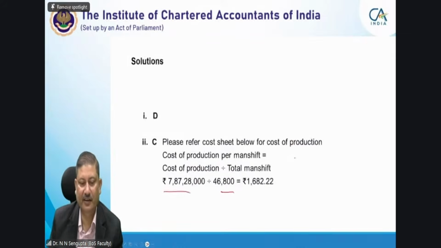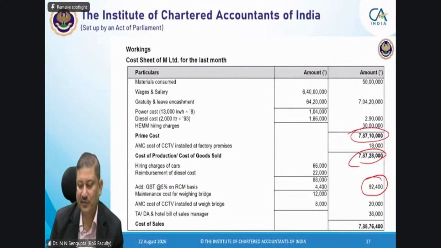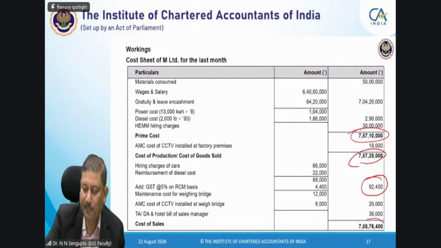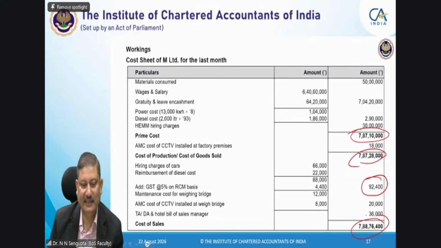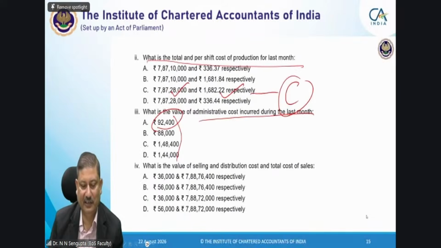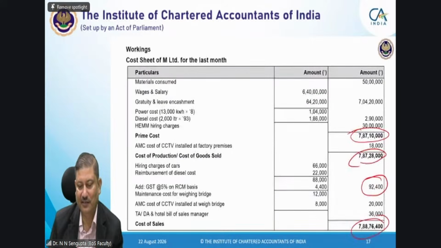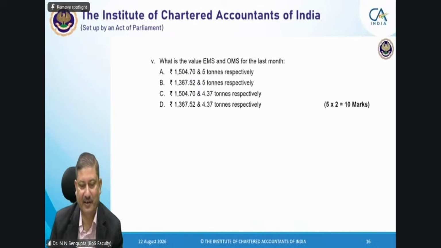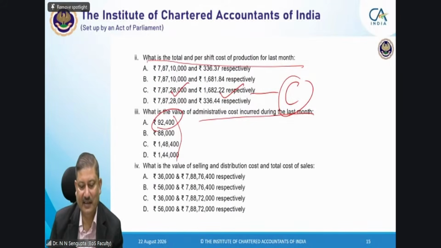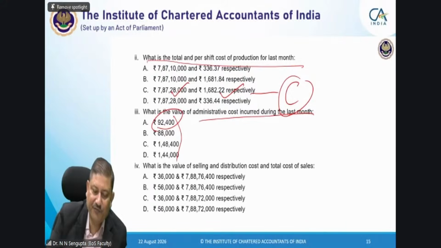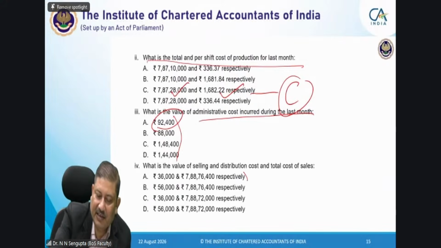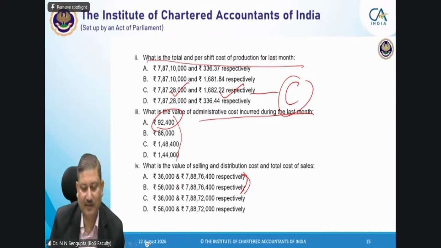Now when you take the option cost of sales, already you know, 788 76,400. So there are two options which can be correct, this one or this one.